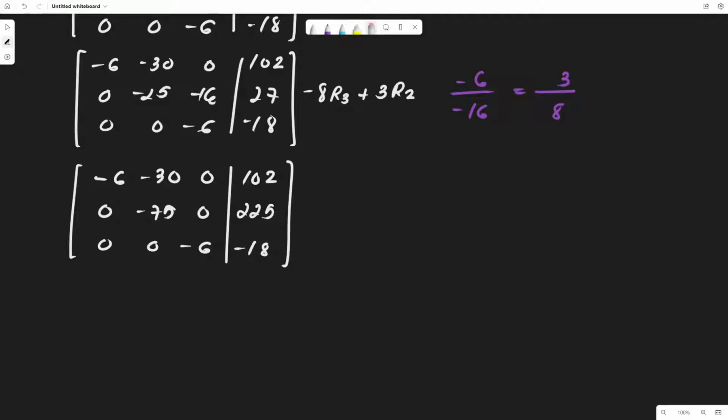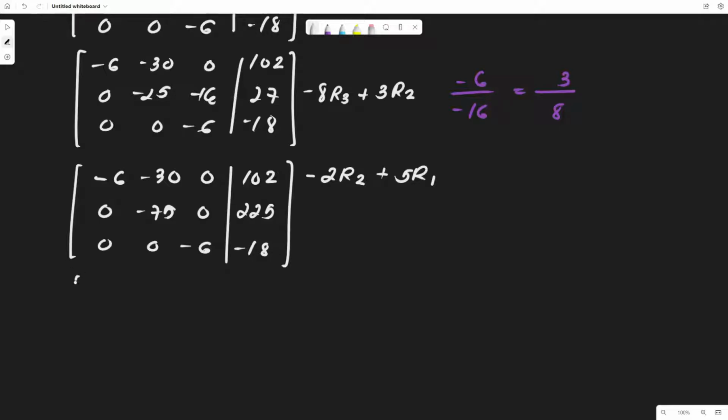So pwede ko nang gawin is negative 2 R2, no? Tama ba? Negative 2 R2. Yeah, negative 2 R2 plus 5R1, no? So para maging 100, negative 150 plus 150.